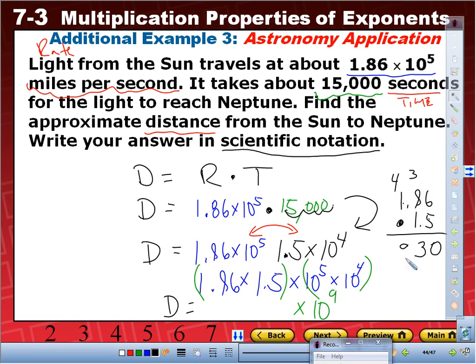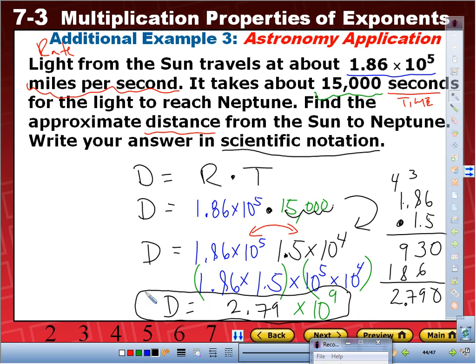Plus 4, that's 9. 1 times 186 is what? 186. 0. 972. How many decimal places? 3. So therefore this is 2.79 times 10 to the 9. And that's the distance from the sun to Neptune.